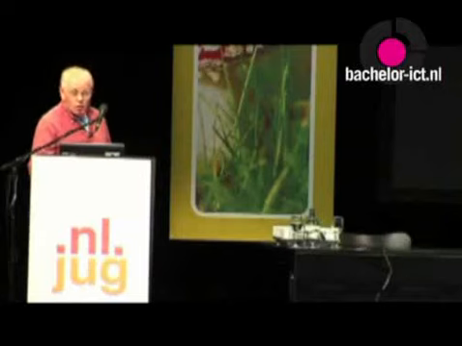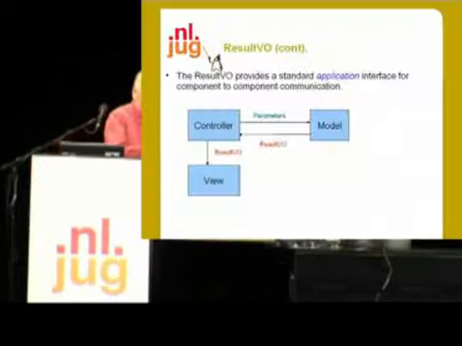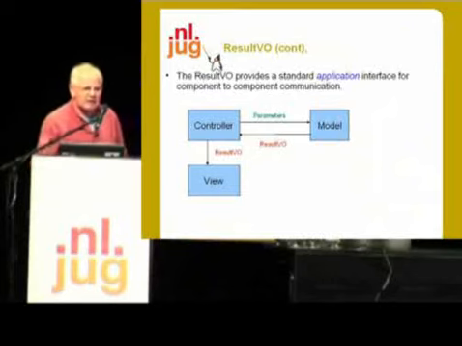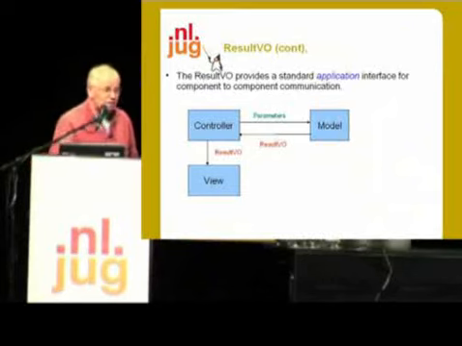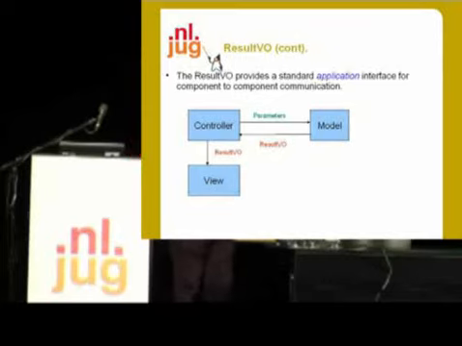Likewise, the model. All models return the same object. And in fact, we can then make the whole process so simple that we could have a default model and a default view. And they would always work because they know how to handle this result value object.